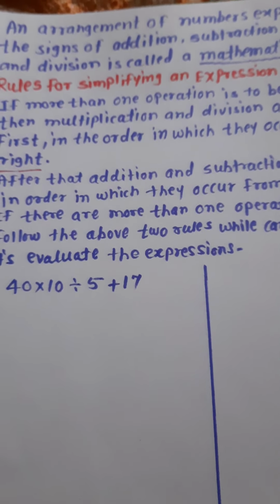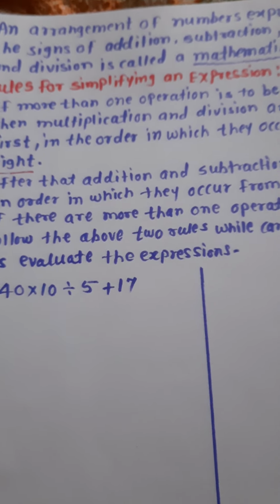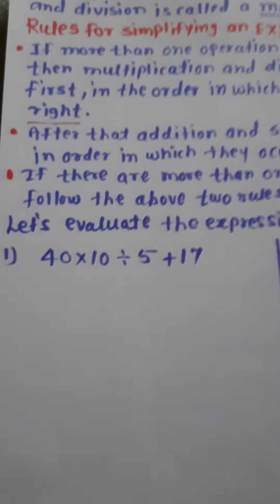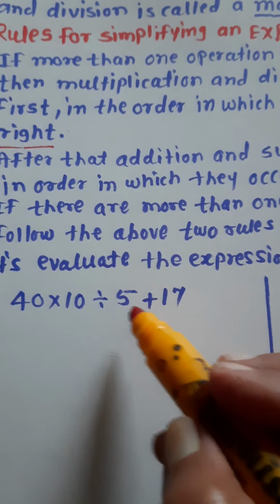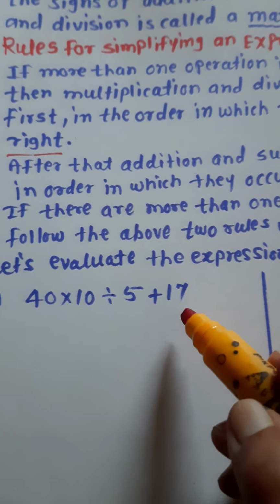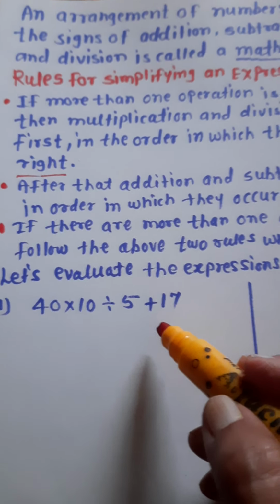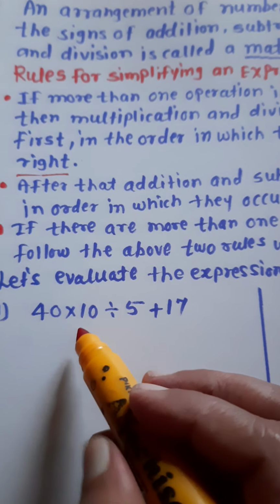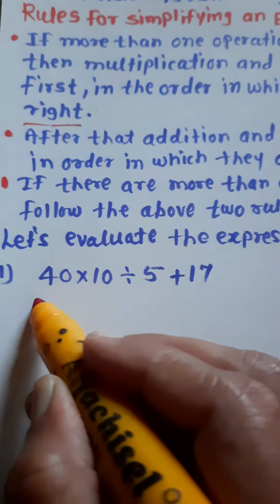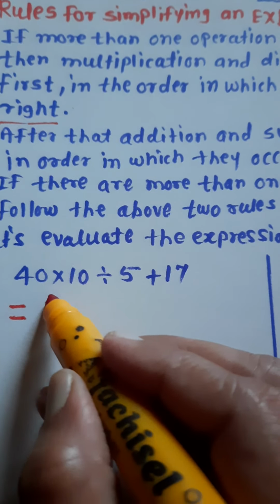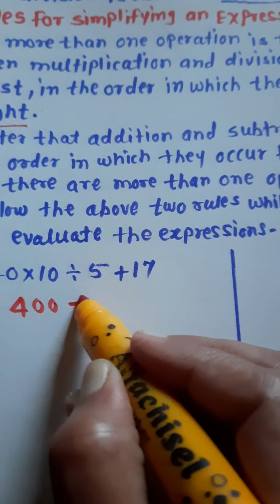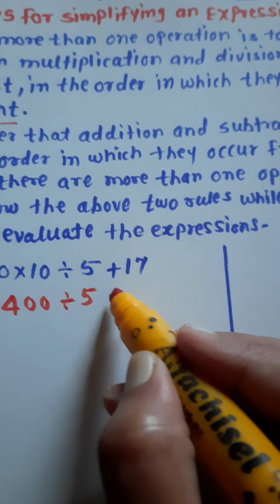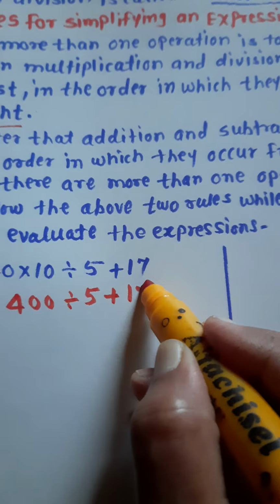Let's evaluate some examples. One example is given: 14 into 10 divided by 5 plus 17. Then we have to evaluate from left to right. That is, in order, first we have to multiply 14 into 10, 140 divided by 5 plus 17.